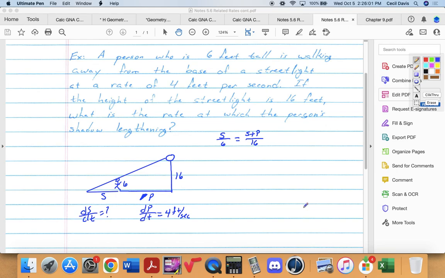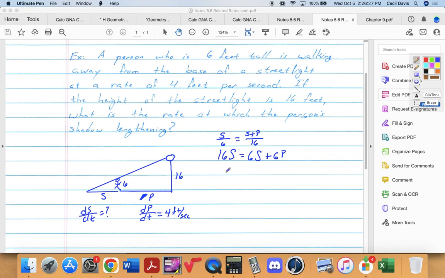Now, we could take the derivative with respect to time right now. It's a lot easier actually if you cross multiply here to get rid of the fractions. So that'll be 16S is equal to 6S plus 6P.